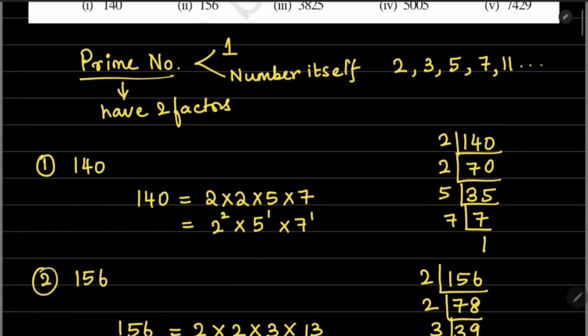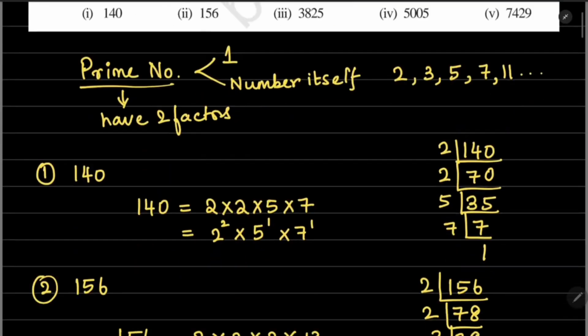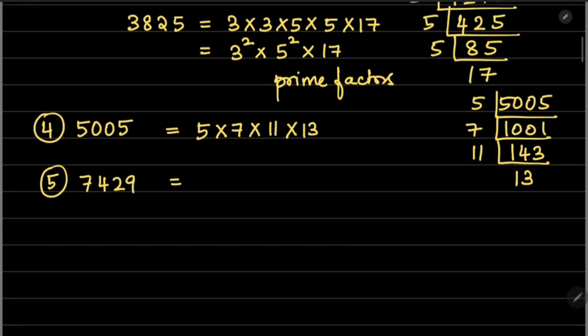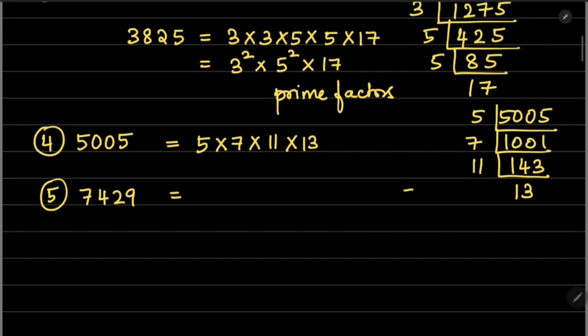Fifth question. What is the last question? 7429. 7429. Let us do the prime factorization here. 7429. So it ends with 9. Now this is a tricky problem because none of the initial prime numbers are divisible for this specific number.